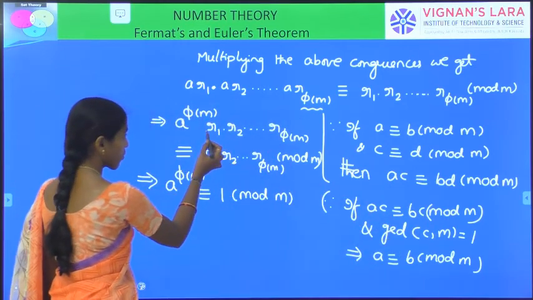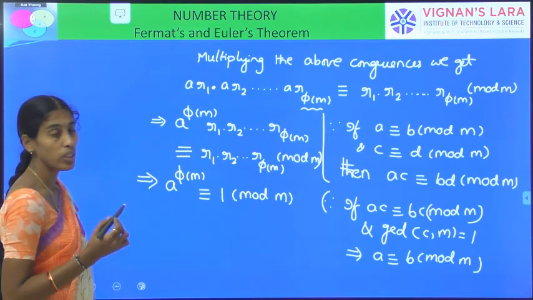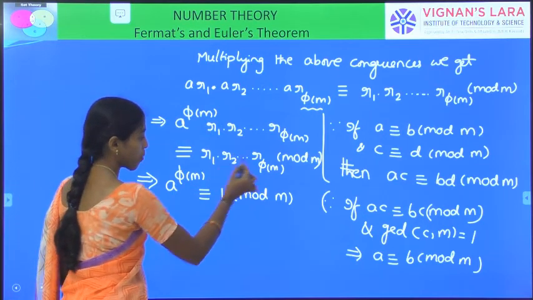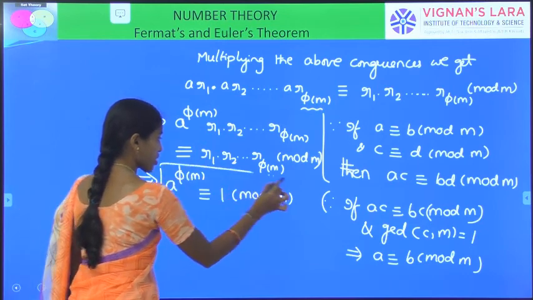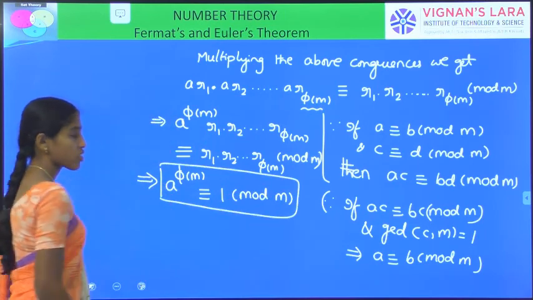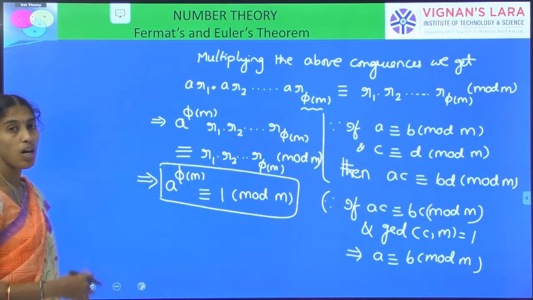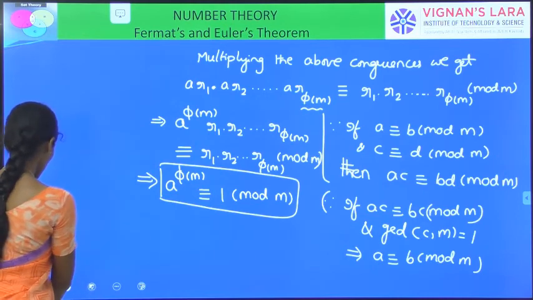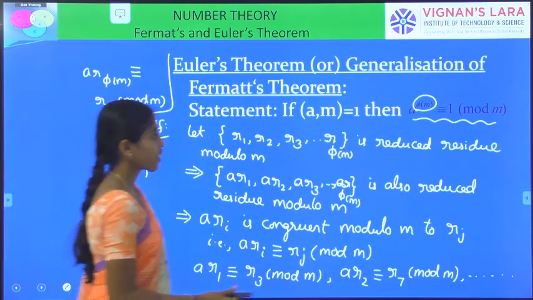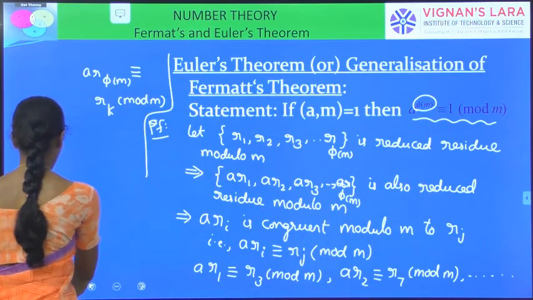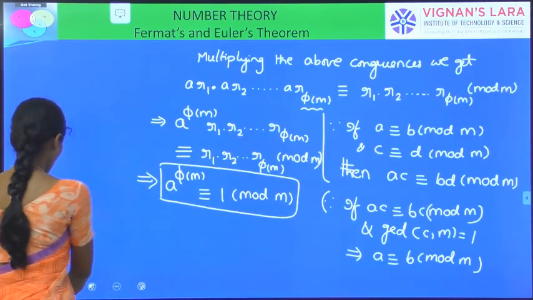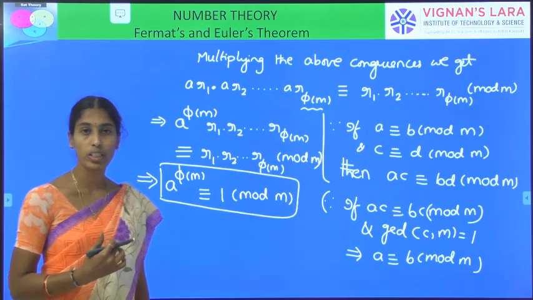In the same manner, we can cancel R1, R2 into so on R phi of m on both sides. After cancelling, we get this. This is the statement of Euler's theorem or generalization of Fermat's theorem: a to the power phi of m is congruent to 1 modulo m. Right? With this, our unit 3 is completed.